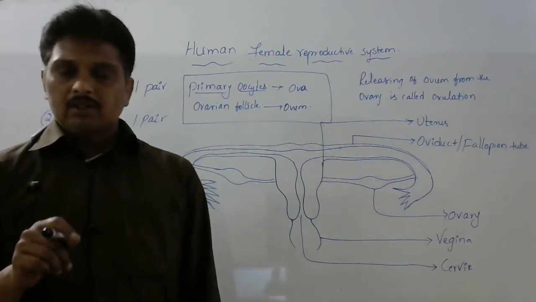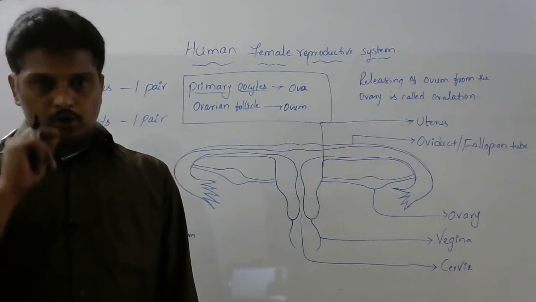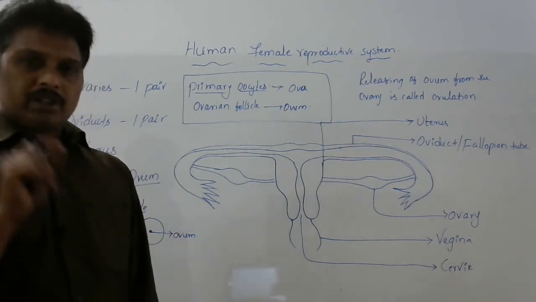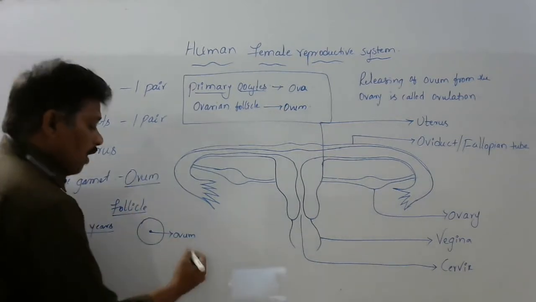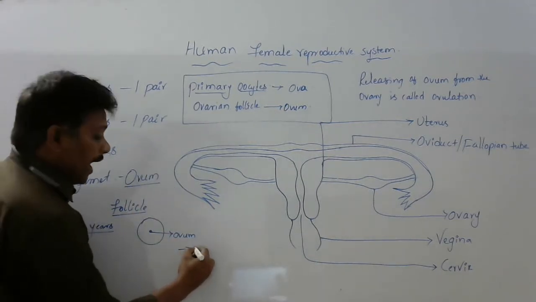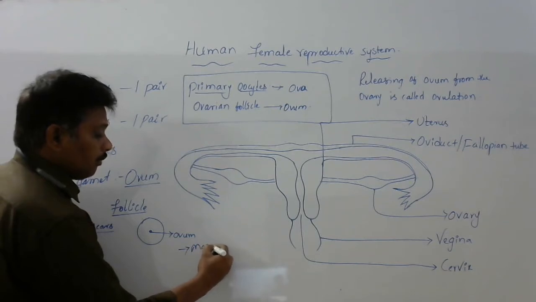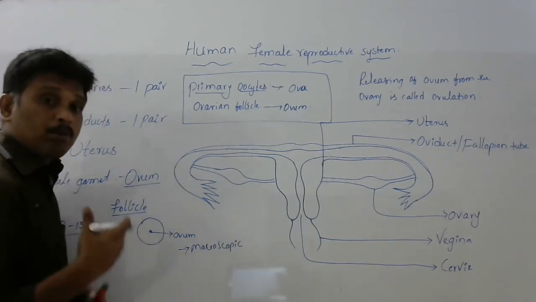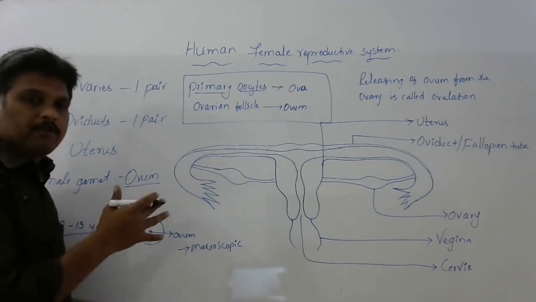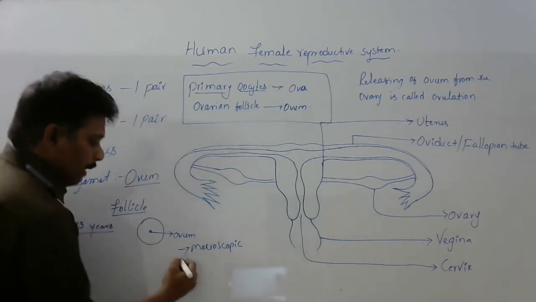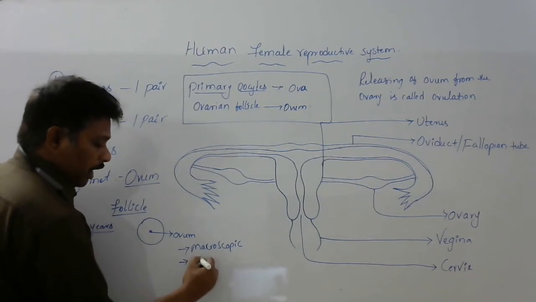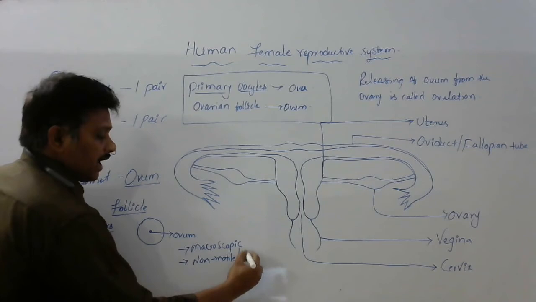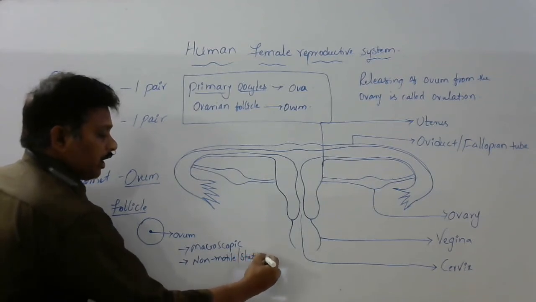But spermatozoa are microscopic, meaning very small, whereas ova are macroscopic. Spermatozoa are motile, meaning with the help of the tail they can swim, but the ovum is non-motile, or we say stationary.